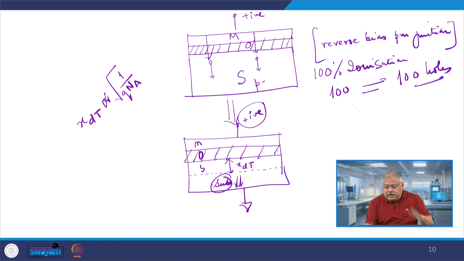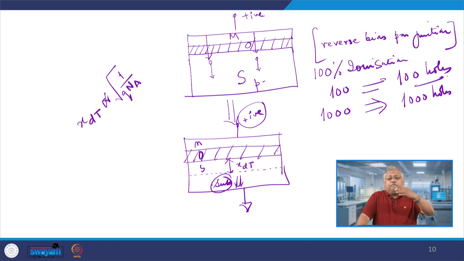Now in place of 100, if there are 1000 Na atoms, then there will be 1000 holes, again assuming 100% ionization. If the number of holes is larger, then less depletion region will be there for more and more positive bias, because you don't have to overcome a larger number of holes. You have to overcome a thinner region.